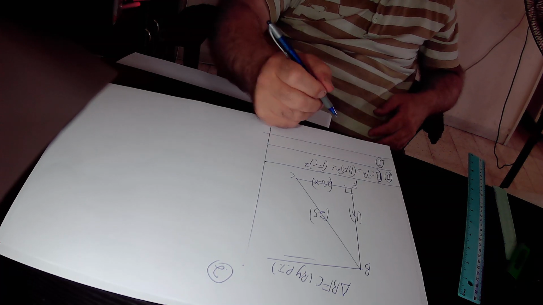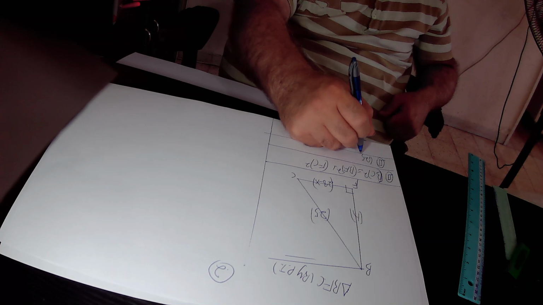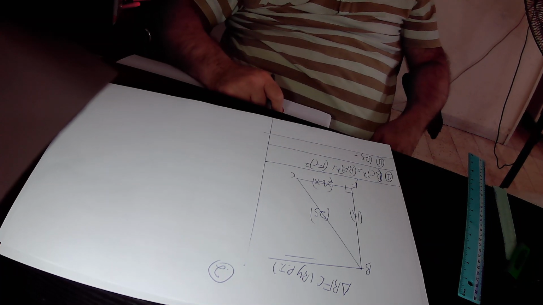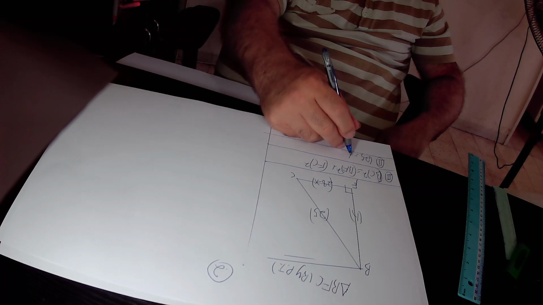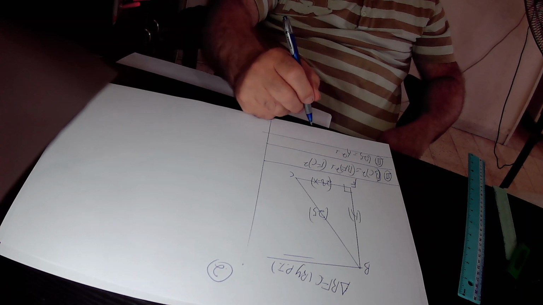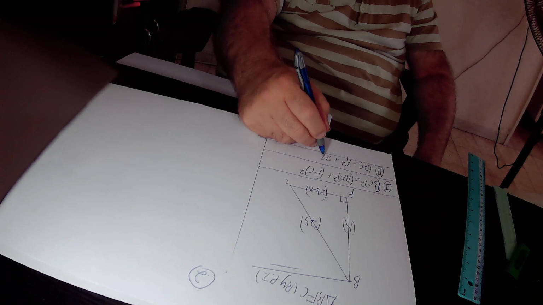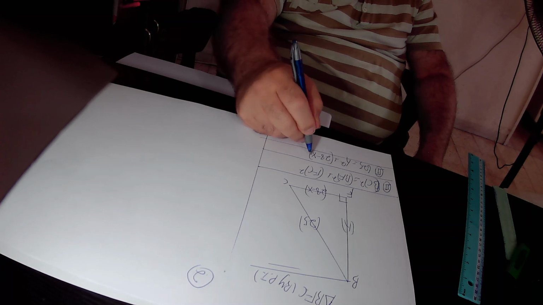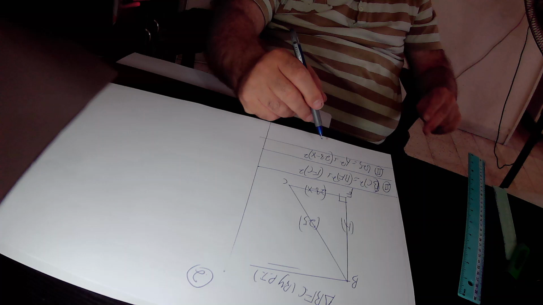BC equals 25, therefore BC squared is 25 squared, that is 625, and it equals BF squared. BF is 8, therefore BF squared is 8 squared, plus FC squared. FC is 28 minus x, therefore FC squared is 28 minus x squared. So in total, according to equation 2, we found out that 625 equals 8 squared plus 28 minus x squared.